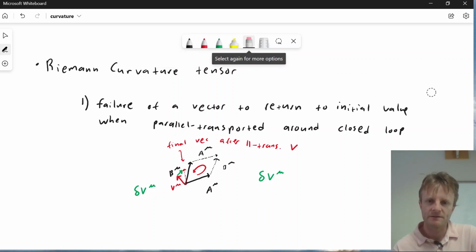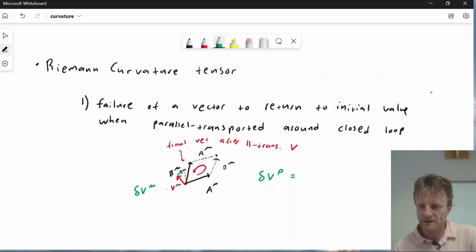I use the index rho for consistency with my notes. So it will depend linearly on the initial vector, which I'm going to write here as V sigma. And it will also depend on A mu and B mu. So I'm going to call those A mu, B nu.